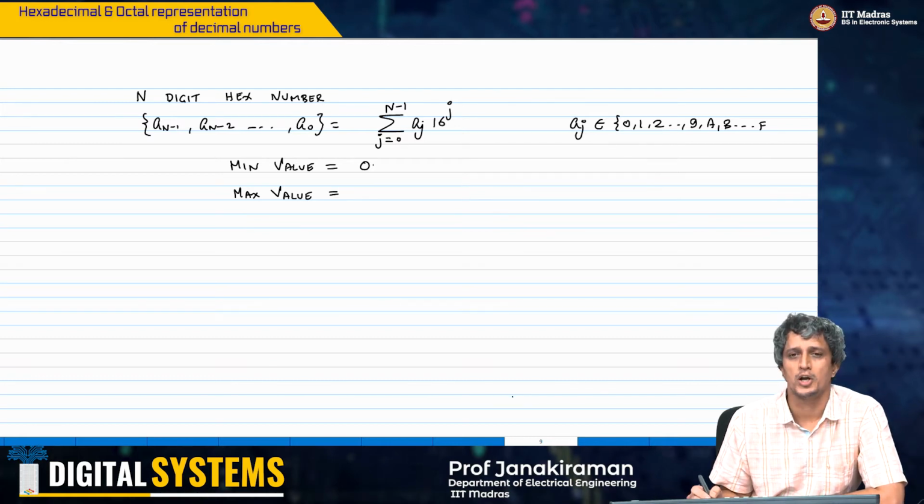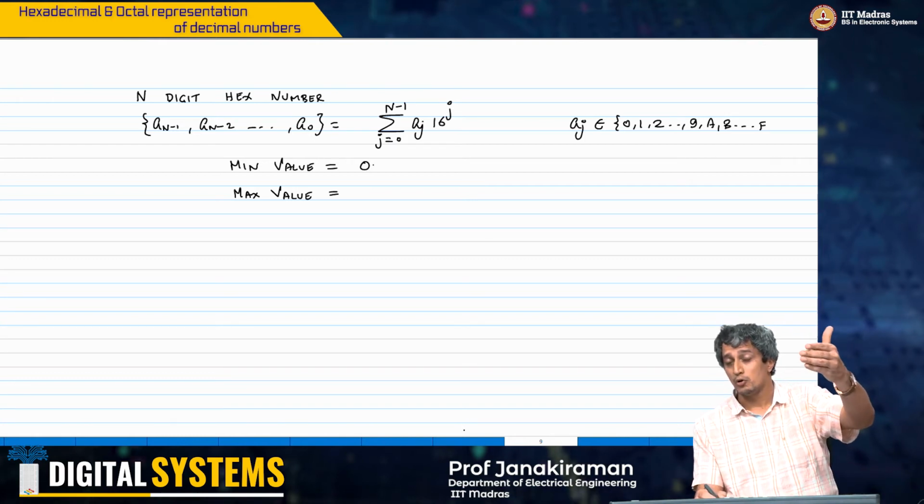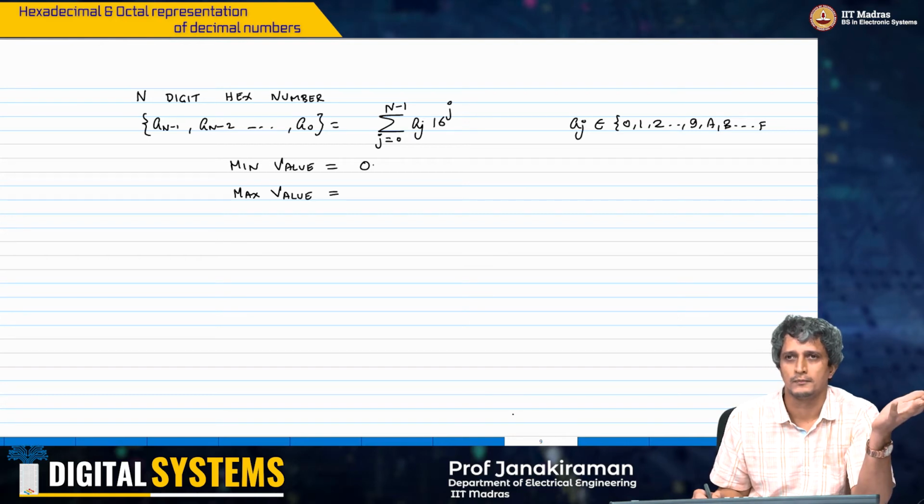On the other hand, the max value is going to be simply all of these being the maximum value, which are all F, right? So it is 15.